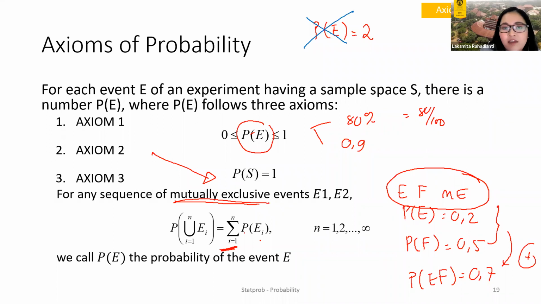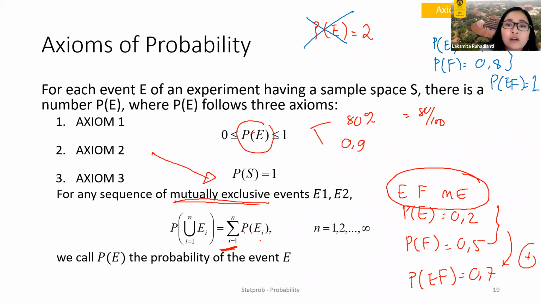Next is, if I know that the probability of E is 0.2. Wait, I don't actually remember if this is in your quiz, sorry. But we have P(F), and I know that the probability is 0.8. Does that mean that the probability of E or F must equal 1?